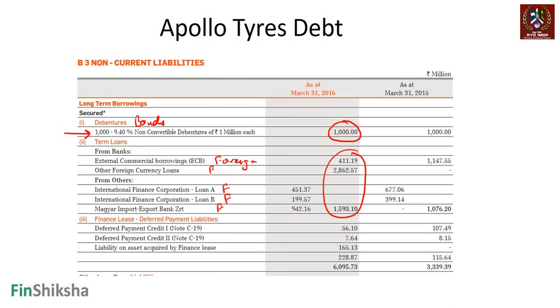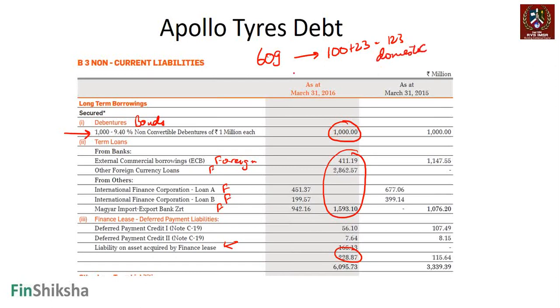And then there are some smaller payments, which is deferred payment credit too, and liability on asset acquired by finance lease. That's a small number. That's 228, all added together, 23 crore essentially, right? So out of the 609 crore, nearly 100 plus 23, that's 123, is domestic.